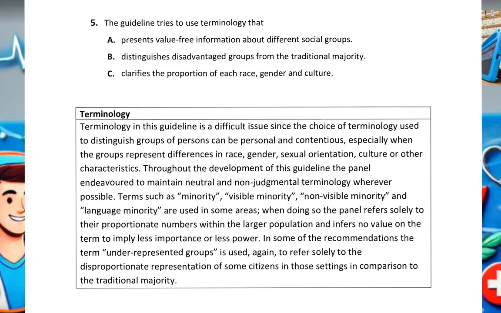Alright, OET reading part B, test 3C. Question number 5. The guideline tries to use terminology that... so it is about terminology. Let's look at what the guideline is doing with terminology.